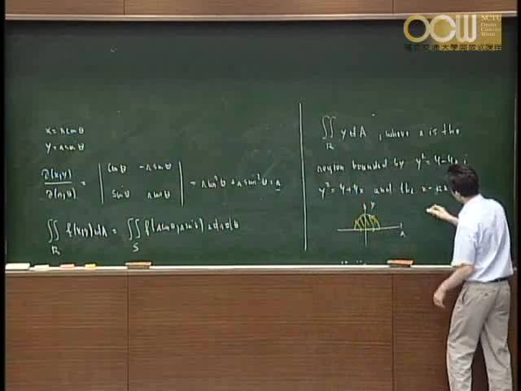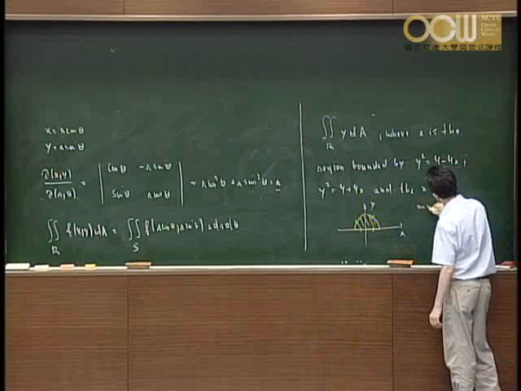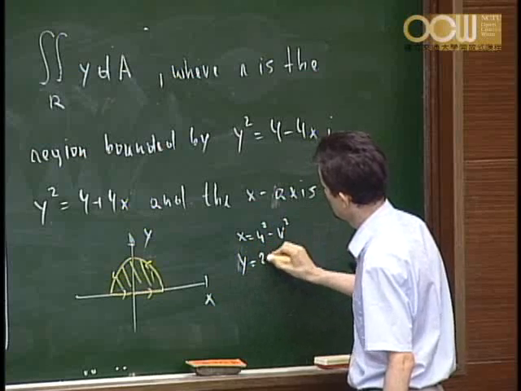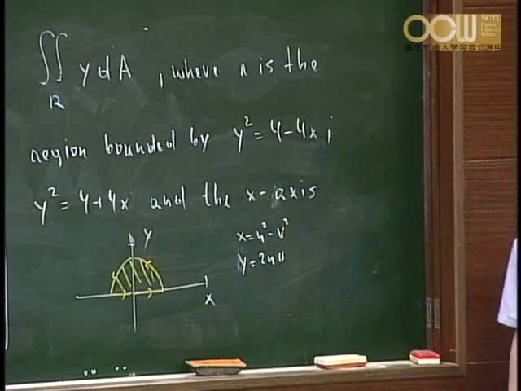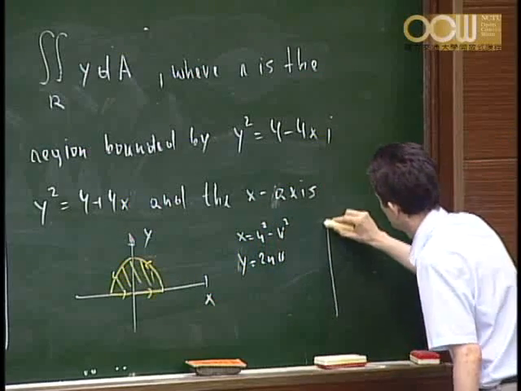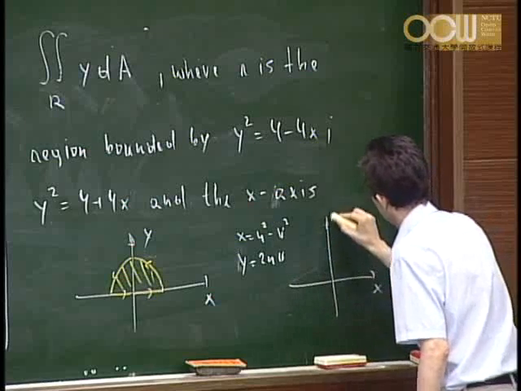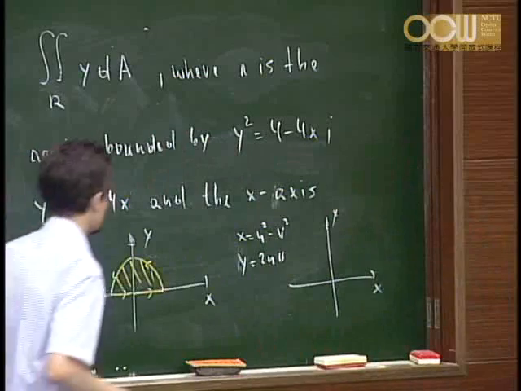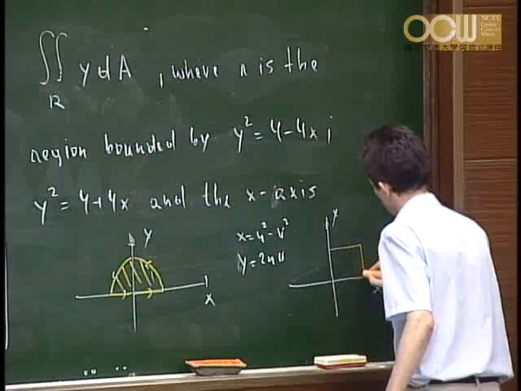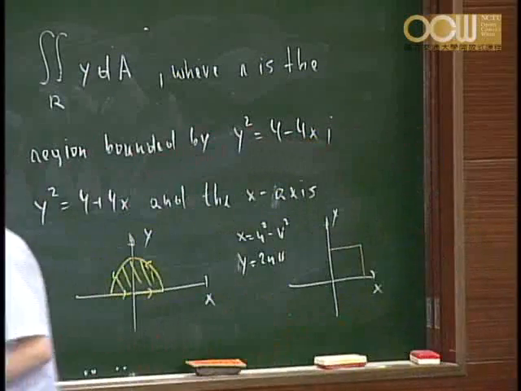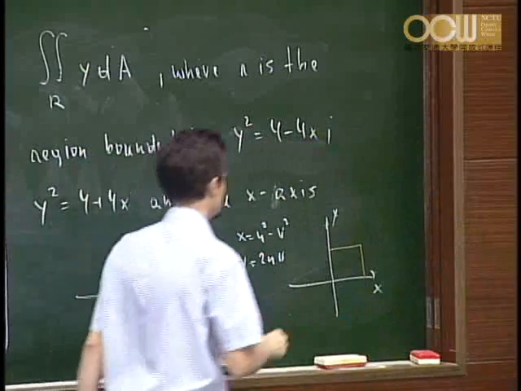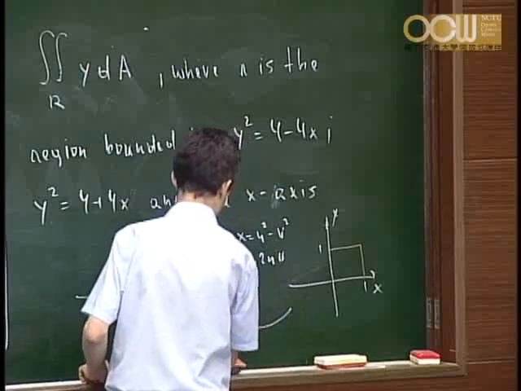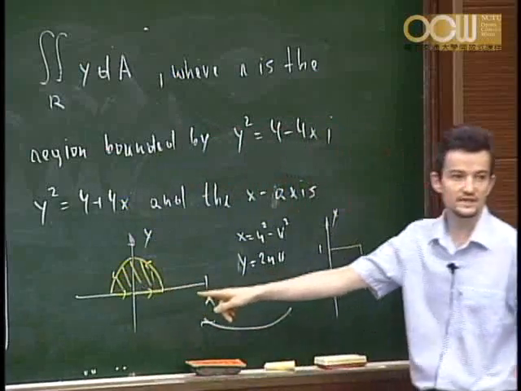You observe that if you choose this transformation here, then this rectangle here, the unit rectangle, where you have here 1, 1, is mapped onto this region here.